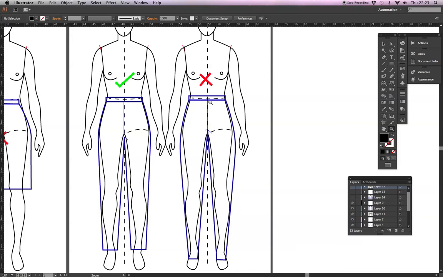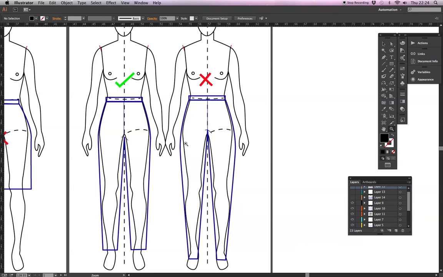They wouldn't actually be able to get it on if the rise was that short, if it was shorter than their actual body measurements. So you can see that's incorrect. Also, if we look down here, not only is the trouser too long, the legs are really narrow. I don't even think the lady would be able to get her feet through it. So that's one thing to consider as well. Construction: is it possible to actually put those on?